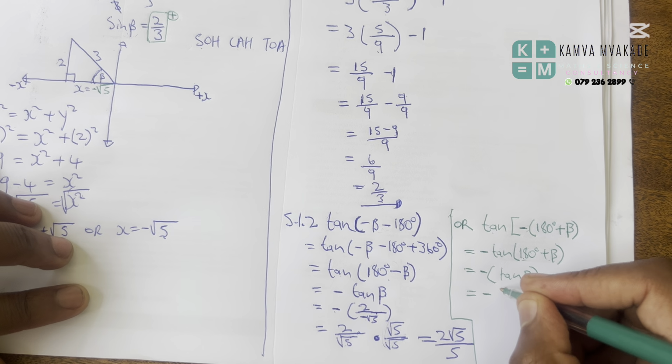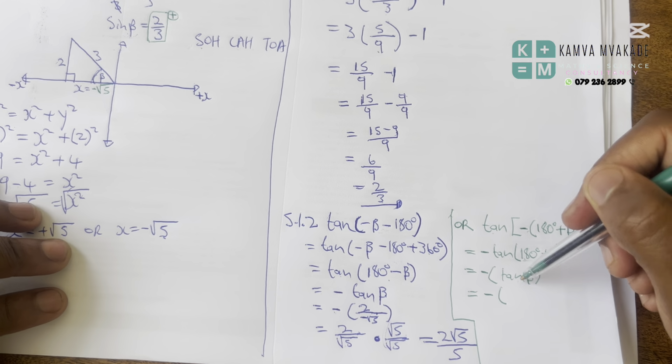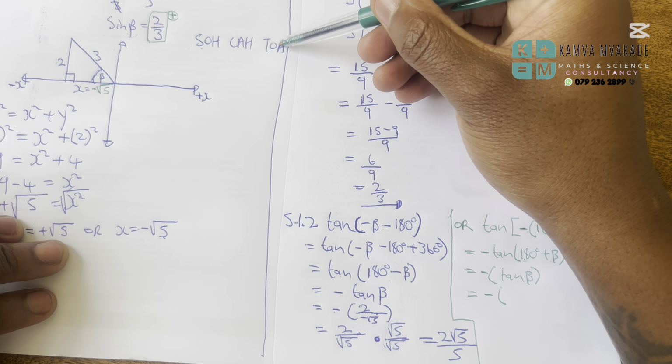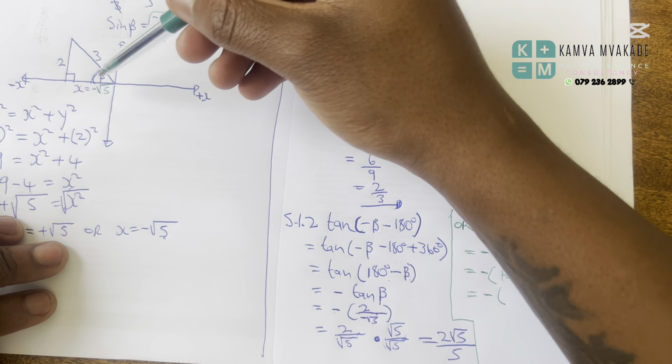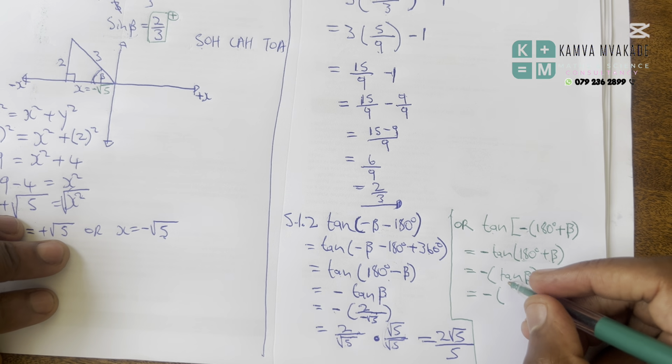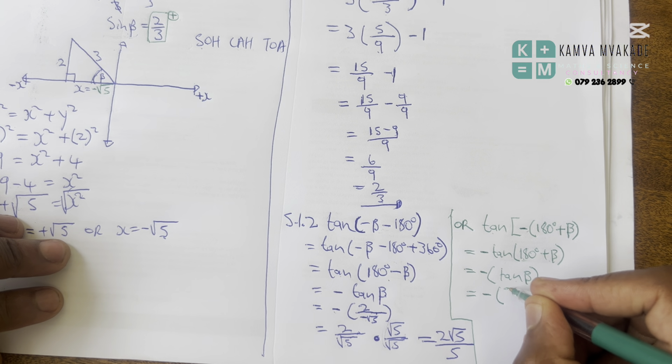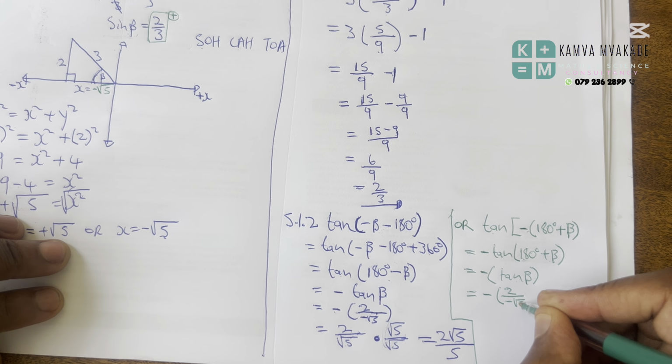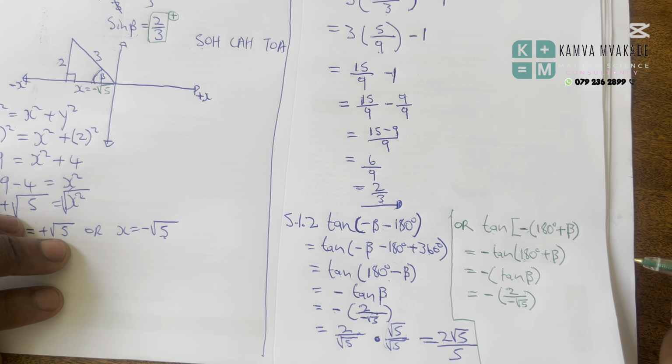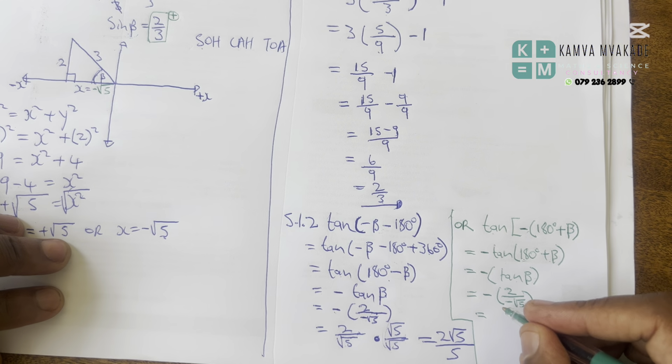Now we want negative times tan beta. Tan beta is opposite over adjacent. This is going to be 2 over negative root 5. Negative and negative is going to be positive.